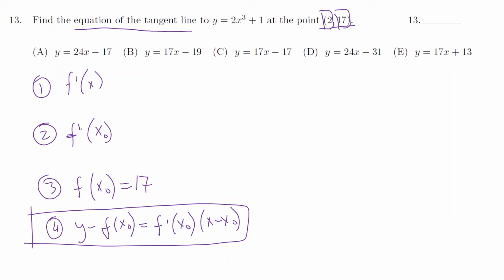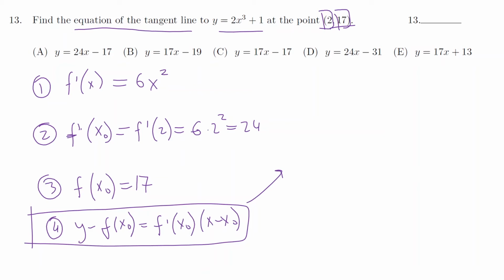So let's proceed step by step. f prime of x is, I'm just looking at this, simply 6x squared. f prime of x0 is the same thing as f prime of 2, which is 6 times 2 squared, which is 24. And we got 17. So now we just have to plug it in. Let me change the colors to make it more visible.